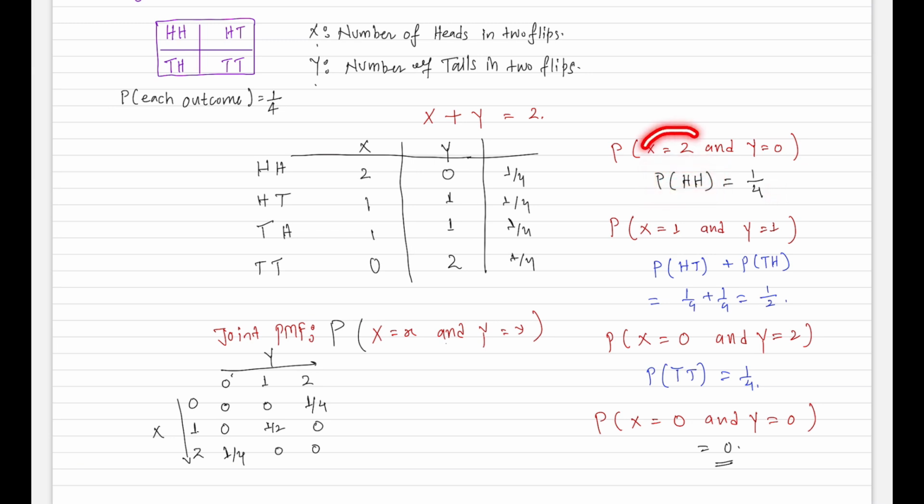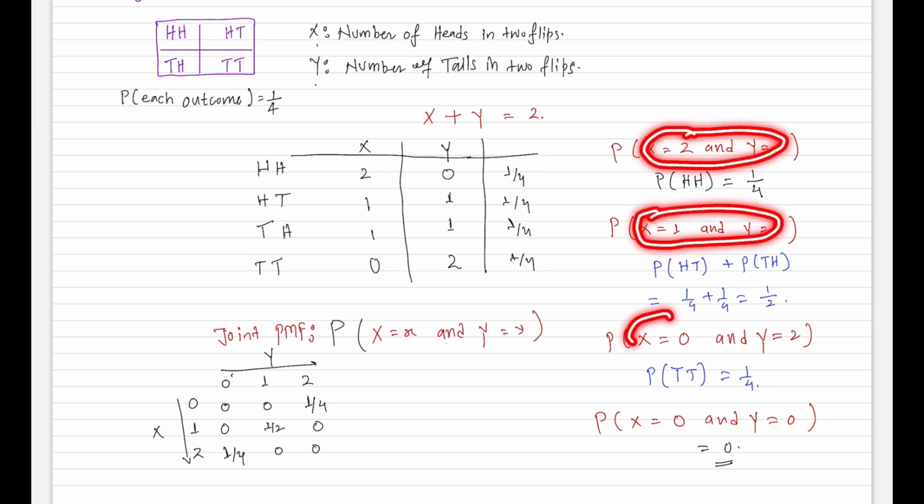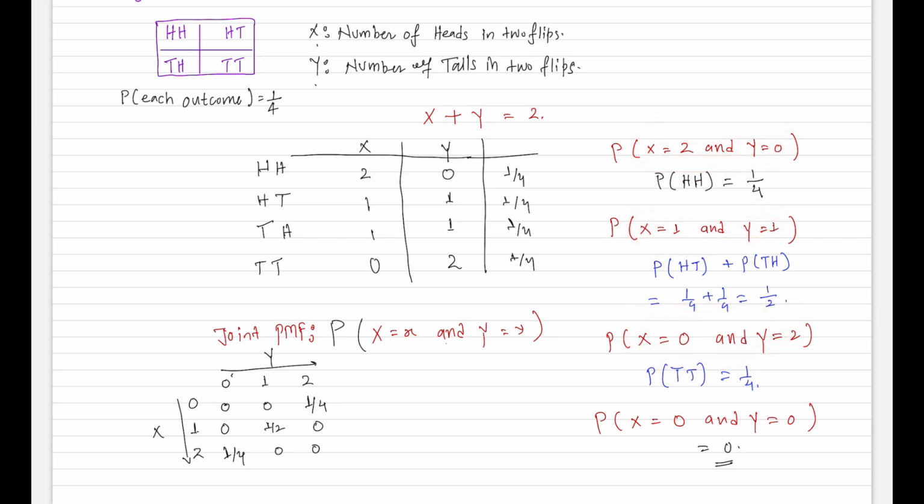Similarly, you can talk about all the possible pairs, right? And if you add all the probabilities of all these possible pairs, they will add up to 1, because at the end you are saying that some event has occurred, in terms of the joint PMF or in terms of the PMFs, right? So that is why it is very important to understand the random variable.